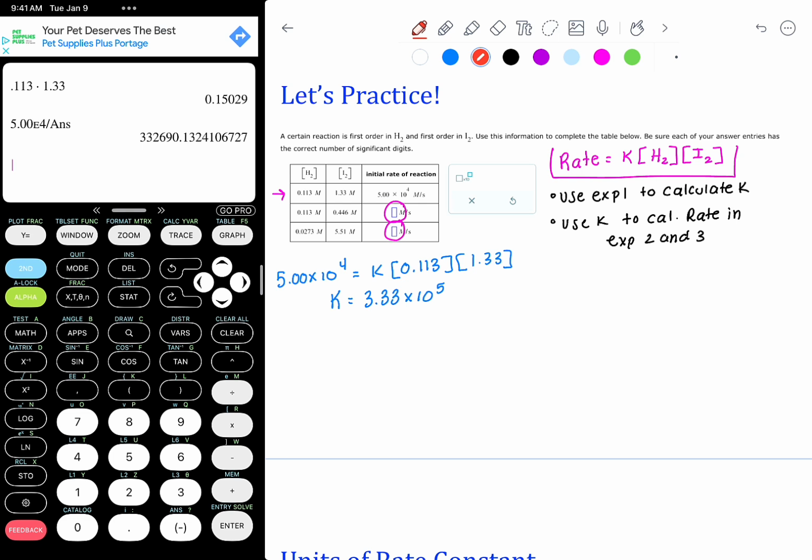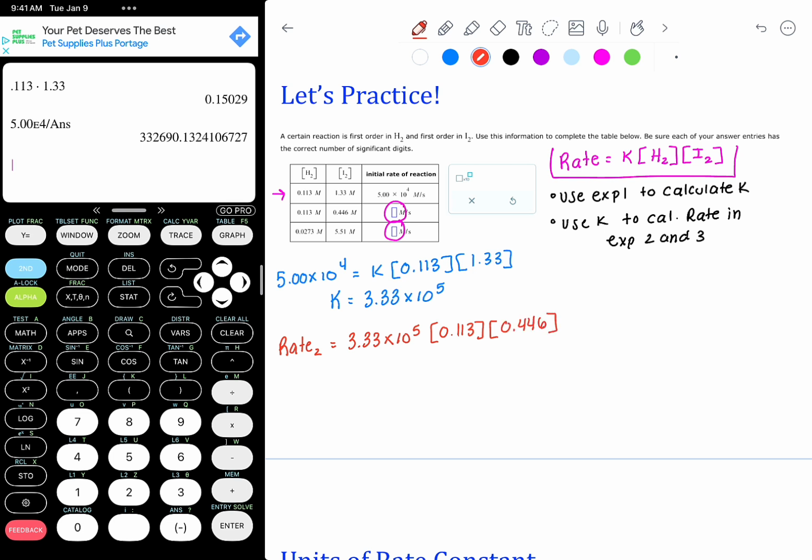Okay, so we know K now, and we can use that to calculate the rates in experiment 2 and 3. So rate in experiment 2 is equal to K, 3.33 times 10 to the 5th, times our concentration of H2, 0.113, times our concentration of I2, 0.446.